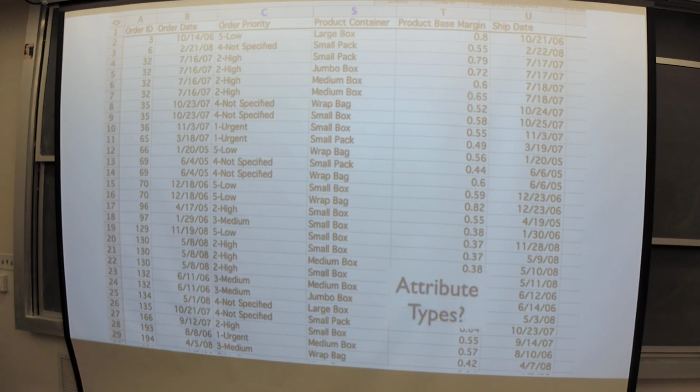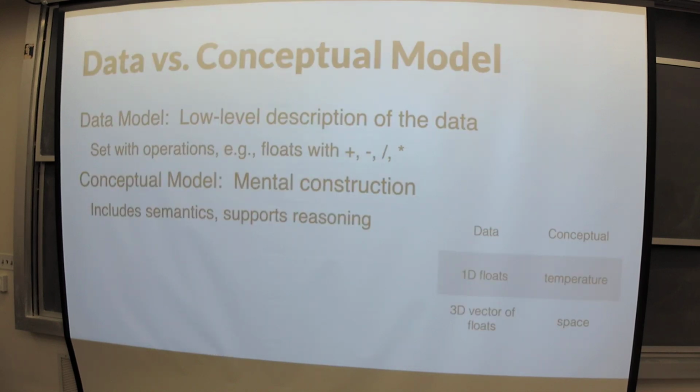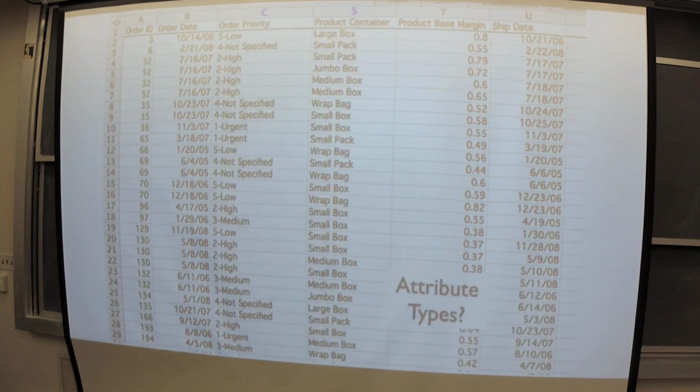What are the attribute types that we have here? Okay, so what about order ID? Is that ordinal or interval or categorical? Yeah, if you don't know more about the system, you could say it's categorical, right? But they're probably also in sequence of how it was ordered, so it might be ordinal. I don't think interval or ratio makes sense here.